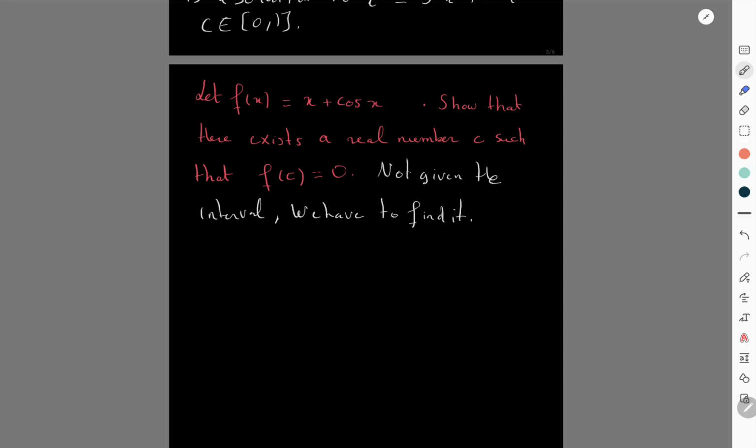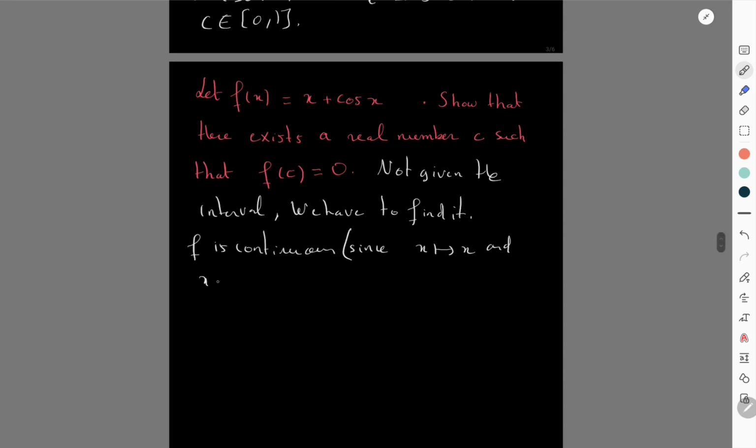Now, since f of x is continuous on R, right? f is defined on R. f is continuous since the function that sends x to x and the function that sends x to cosine x are both continuous. Basically, the identity function, which is x, and the cosine x are both continuous on R.